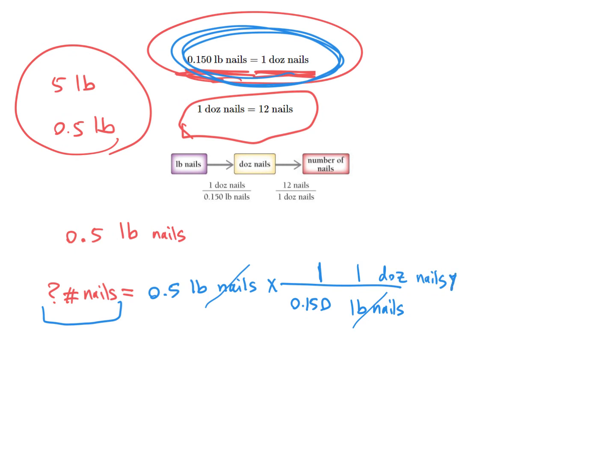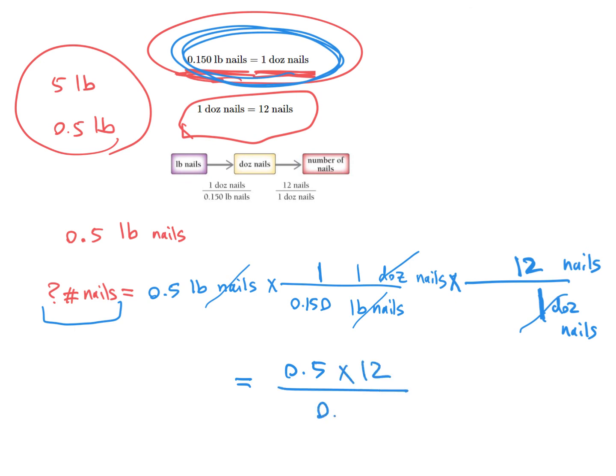And you know that 1 dozen of nails equals 12. So 1 dozen means 12 nails, right? And that would be 0.5 multiplied by 12 divided by 0.150 number of nails. Does that make sense? And we still have the attendance, so if you just leave, you don't get the attendance.